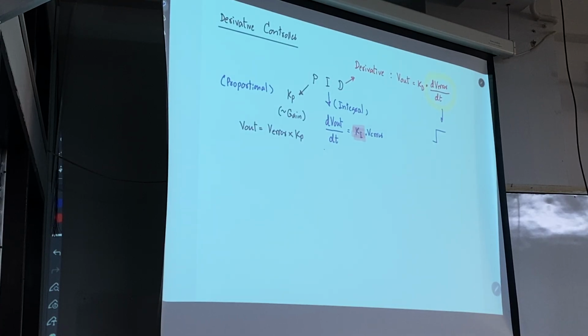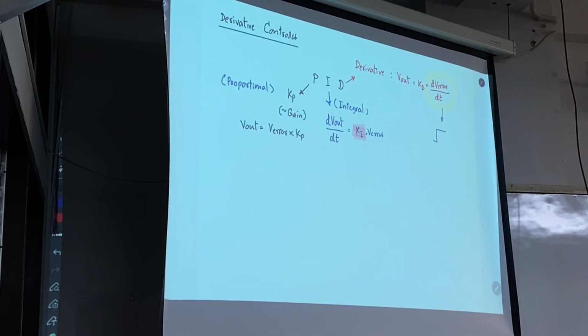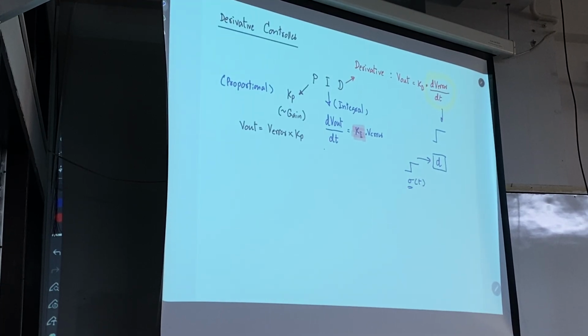That means if from this second to the next second you have a lot of change, then you will have a V out that produces very large values. So if you have a derivative circuit and you give the error like a step change, I will call this with this symbol, a step change input.